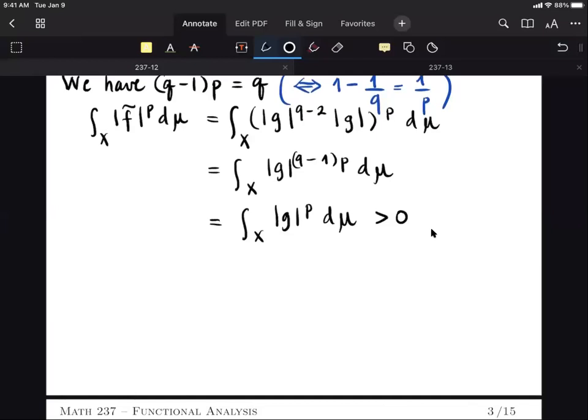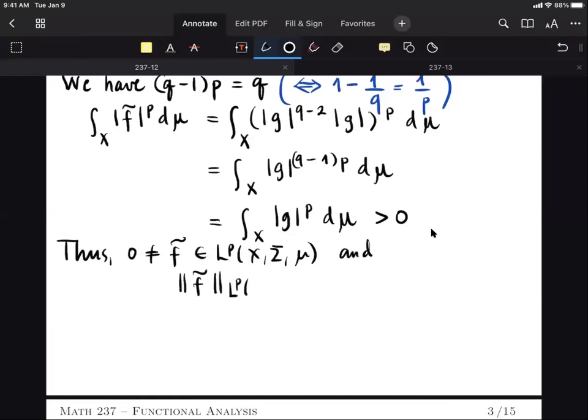Thus f tilde is non-zero, and it is in LP, and its LP norm is equal to the LQ norm of g. This should be q.